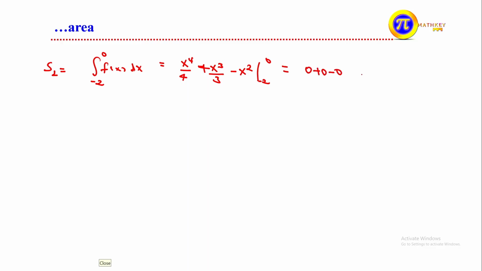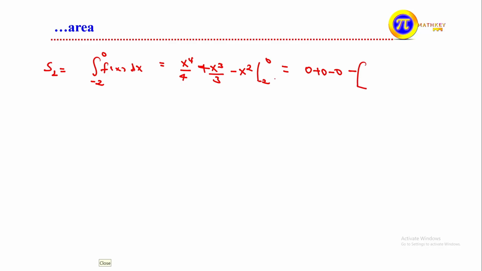To find the area for each interval, let the first one be S1. The area S1 equals the integral of f of x dx between negative 2 and 0, and then we take the absolute value. That equals x to the power of 4 over 4 plus x to the power of 3 over 3 minus x squared between negative 2 and 0. At 0 it is 0 plus 0 minus 0.